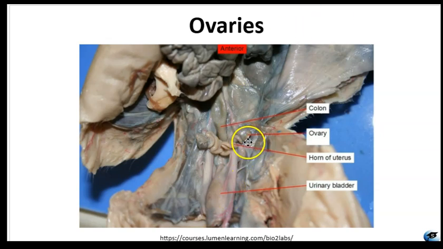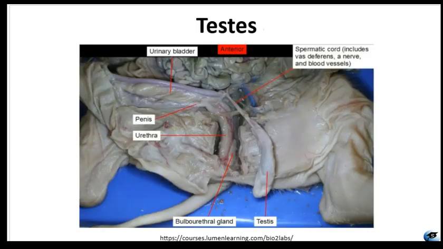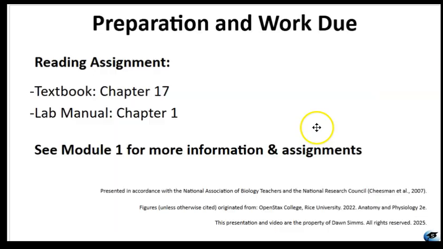They're actually quite small compared to the bladder. And then the testes, they are outside of the abdomen, okay? But you can see where you can differentiate from the urethra, right? And the penis, and you can't really see the penis in this picture very well, but up here is the bladder, okay? So that's going to be it for this lab.